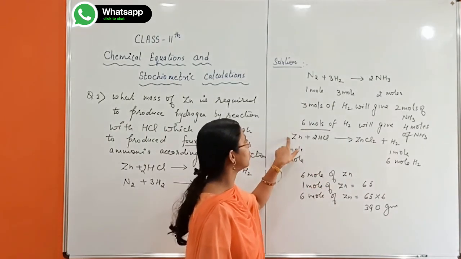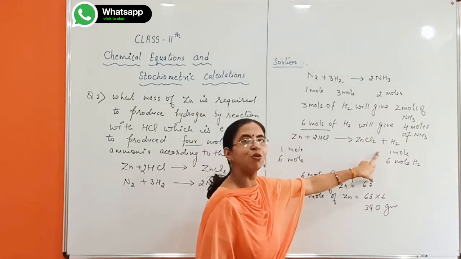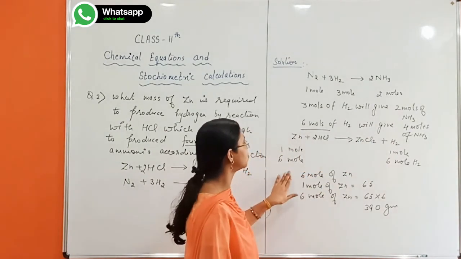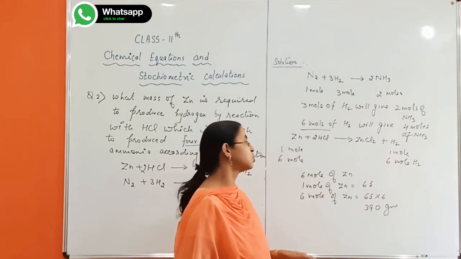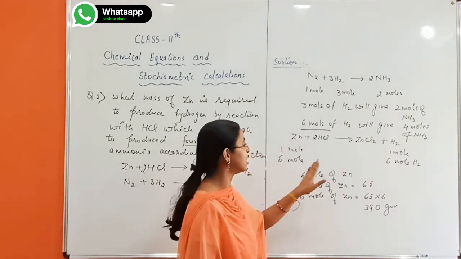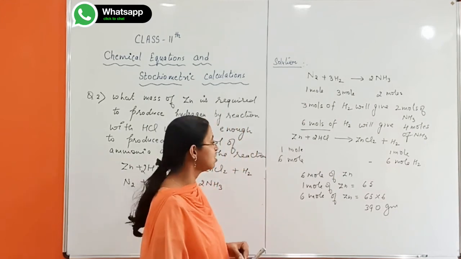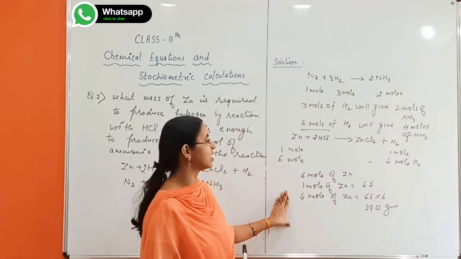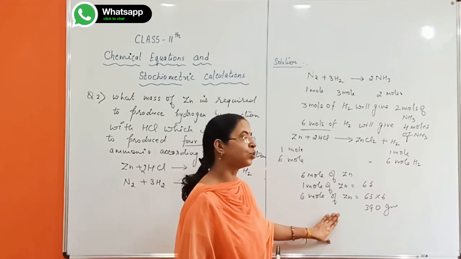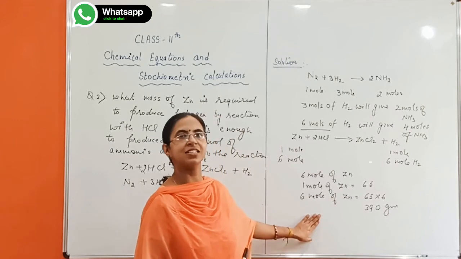In the first equation, 1 mole of zinc is producing 1 mole of hydrogen. So 6 mole of zinc will produce 6 moles of hydrogen. And 1 mole of zinc is equal to 65 gram. So that is why 6 mole of zinc is equal to 390 grams. So this will be your answer.